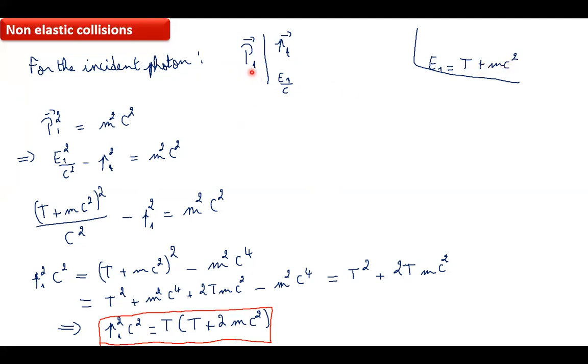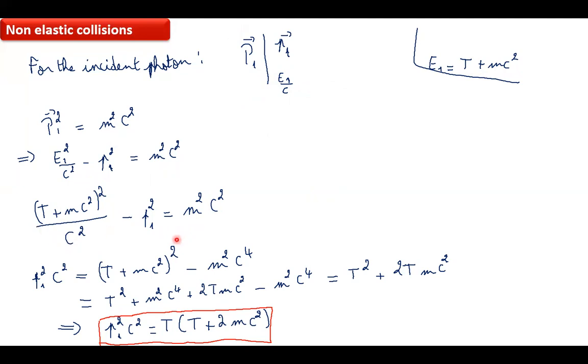For any particle, P squared is equal to m squared c squared. So E1 squared over c squared minus P1 squared equals m squared c squared. We replace E1 by its value: (T plus mc squared) squared over c squared minus P1 squared equals m squared c squared.